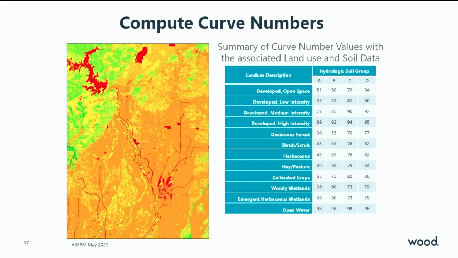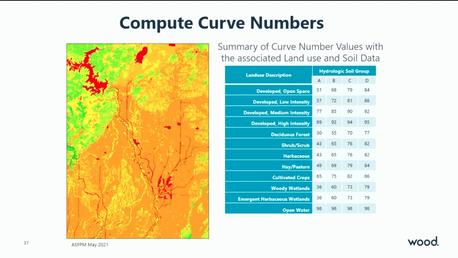Now we need to calculate our curve numbers associated with our standard SCS methodology. We now have our soil, hydrologic soil groups. We have our land use down the left column here. And as you can see, for a given land use, say deciduous forest, look at that range, 30 to 77, a factor of 2 depending on whether it's a sandy soil or a non-permeable soil.